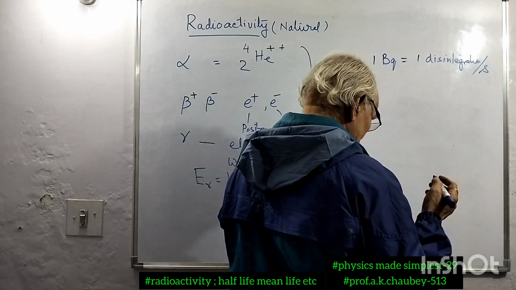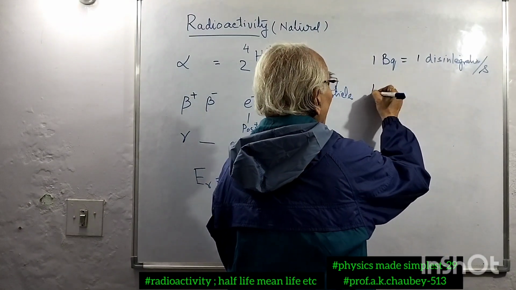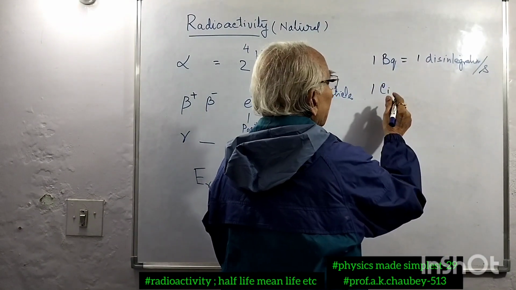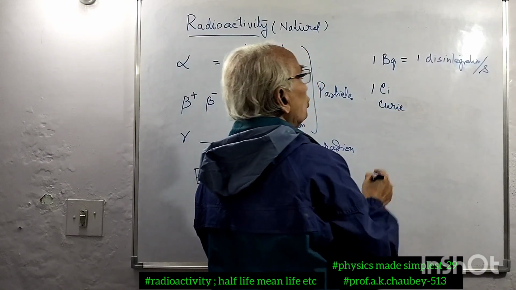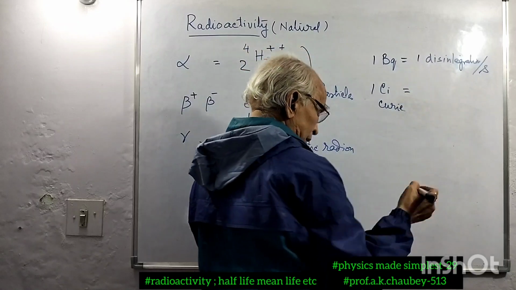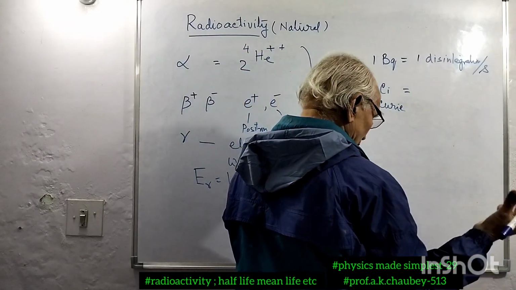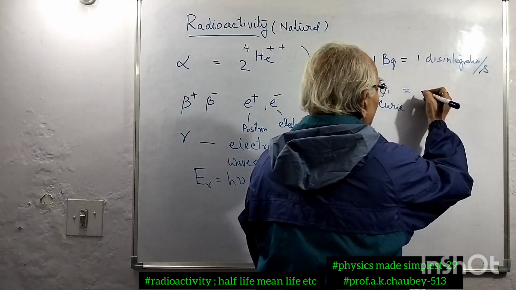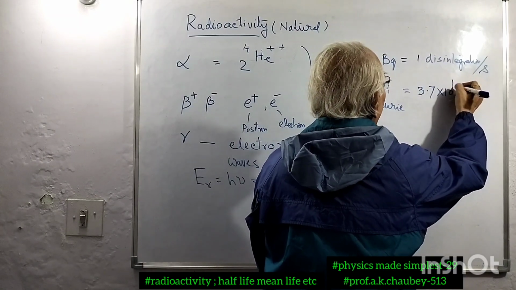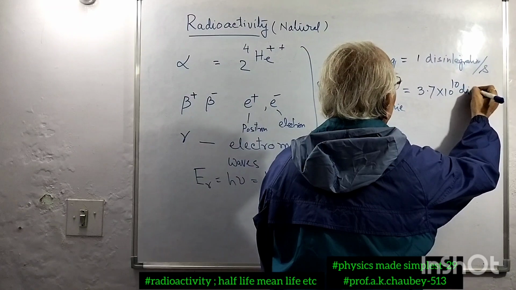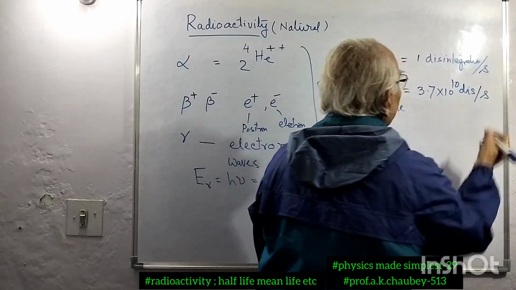Just like that, we have another unit called 1 Ci, that is 1 curie. 1 curie is defined for some amount of the material as 3.7 into 10 to the power 10 disintegrations per second.